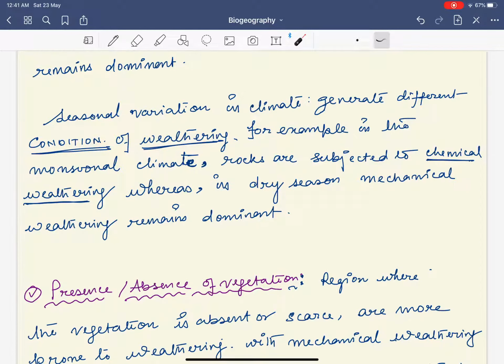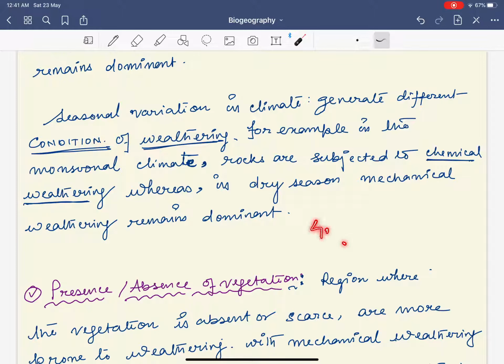Next, seasonal variation in the climate generates different conditions of weathering. For example, in monsoonal climate, rocks are subjected to chemical weathering, whereas in the dry season, mechanical weathering remains dominant. Please understand this. In India we have a monsoon of 3 months. Let us say the period starts with June and ends with September, so it's almost a 4 months period.